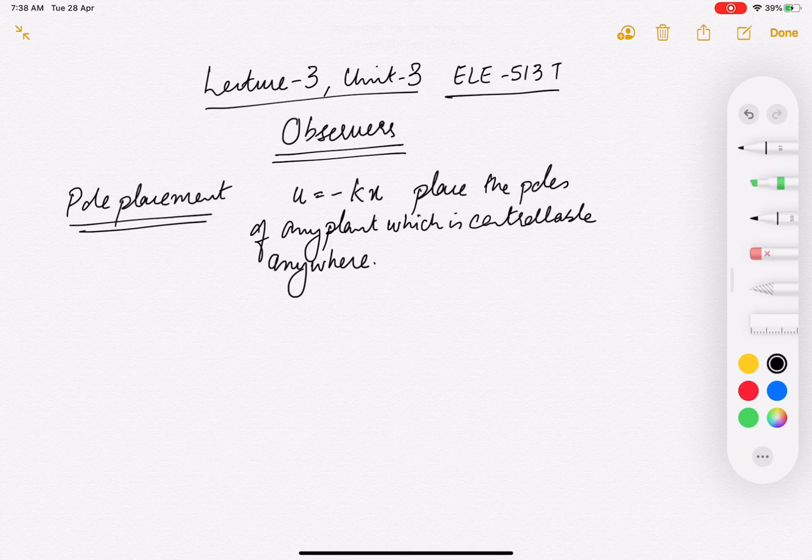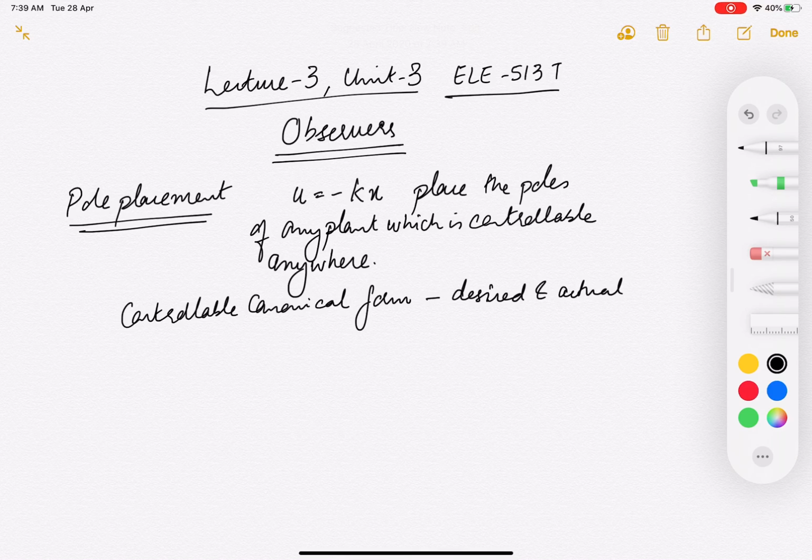And we did this using two methods. One method was when we had the system in controllable canonical form, and we could just compare the coefficients of the desired and actual characteristic equation. So you could just compare the coefficients and find out the values of k.